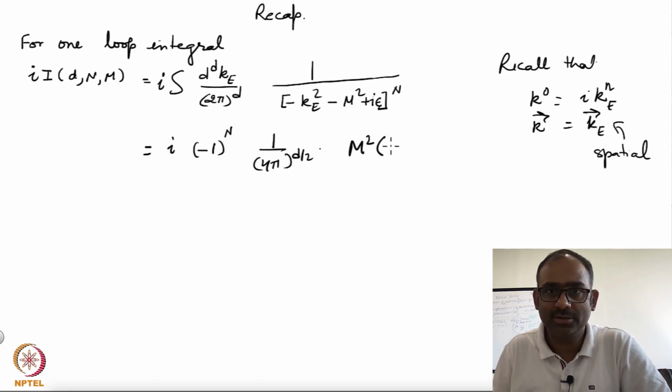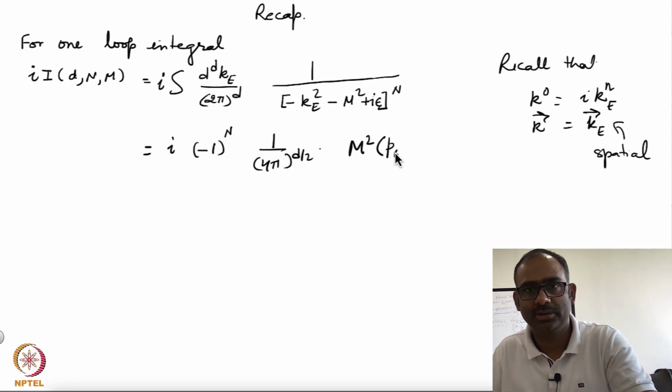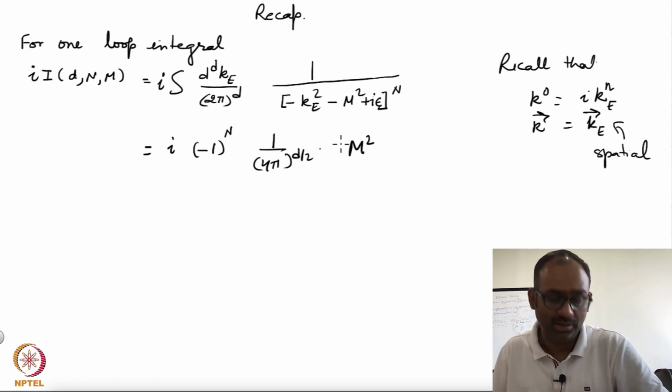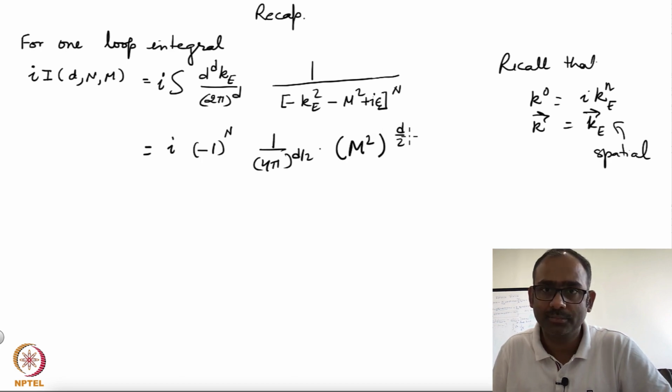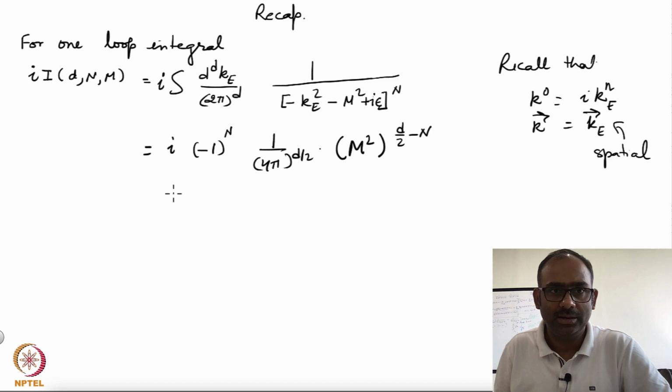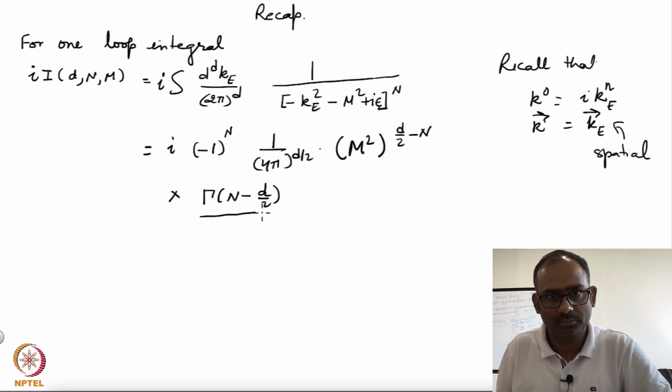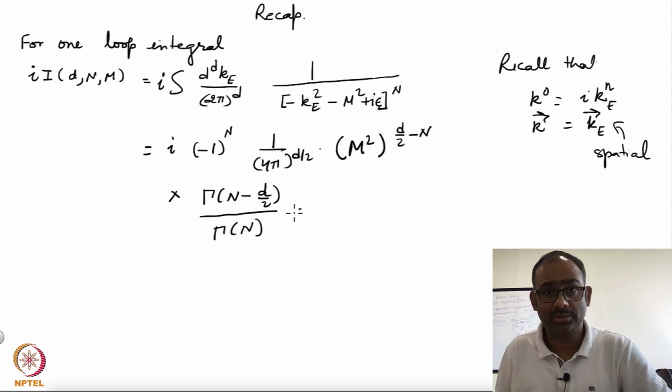M square depends on the external momenta. Let me just write m square, I will then explicitly write the arguments. Okay, that was the result.